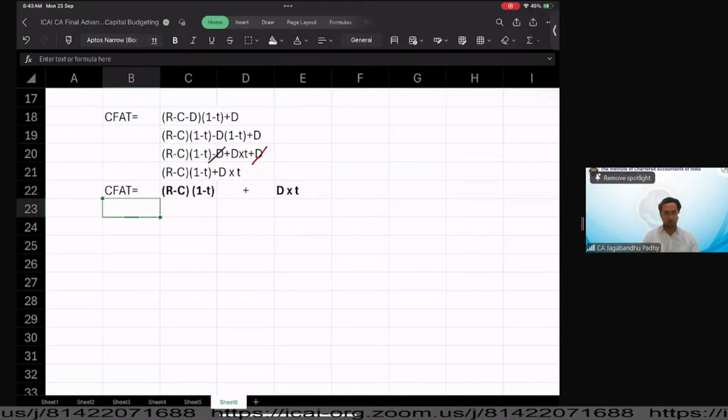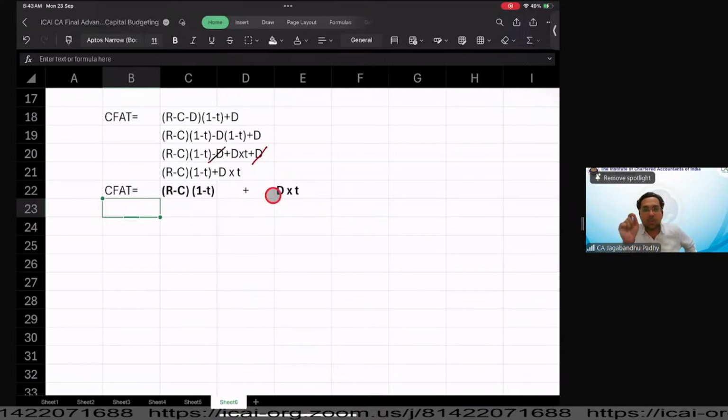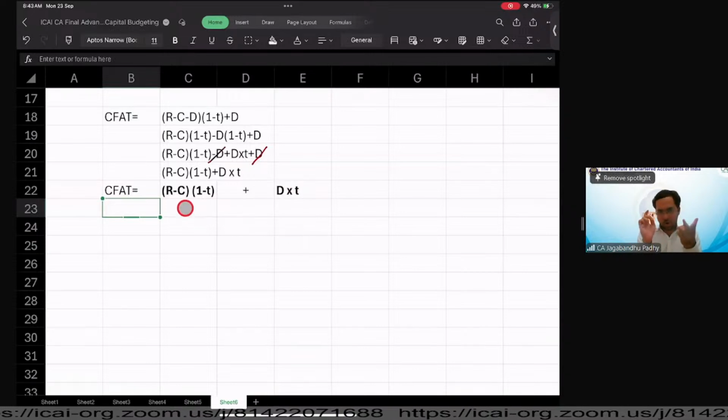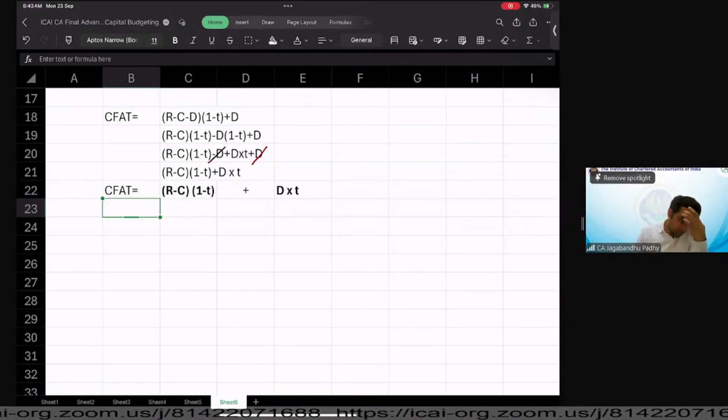So out of these two components, can you tell me which of the components is getting impacted by inflation? Which of these two numbers is going to increase with inflation? Are the revenue and cost going to increase with inflation? Yes or no, guys?